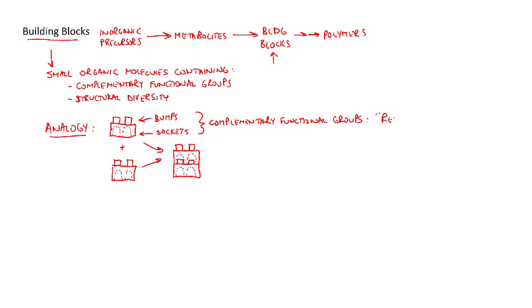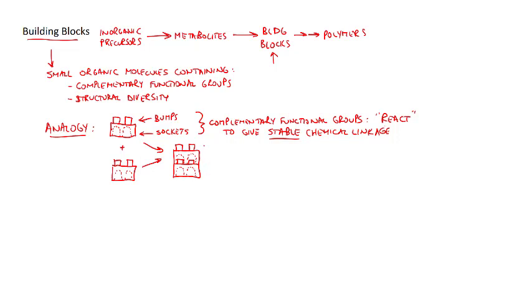They react to give some sort of a stable chemical linkage. In the case of Legos, it's obviously not a chemical linkage, it's friction, but you get the idea. There's a stable linkage being formed by these different groups reacting together. But notice something else here.